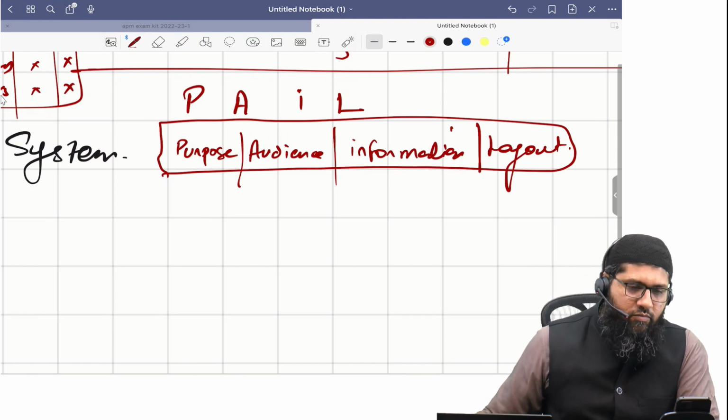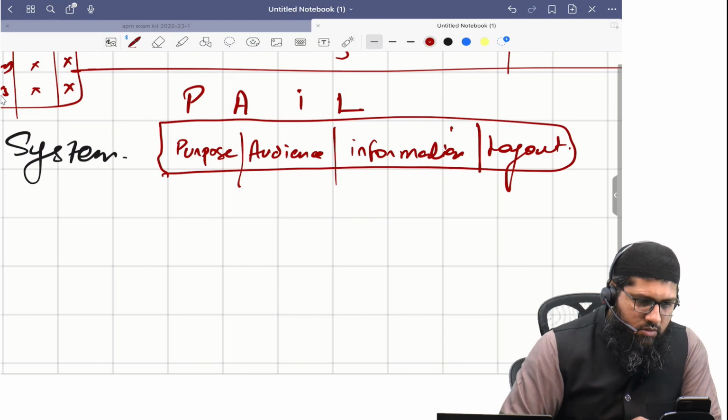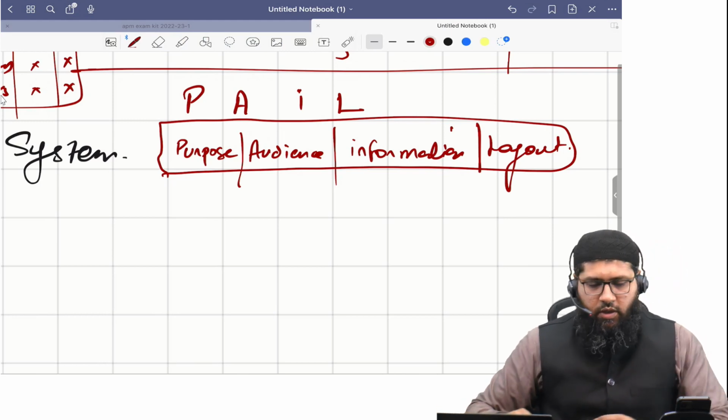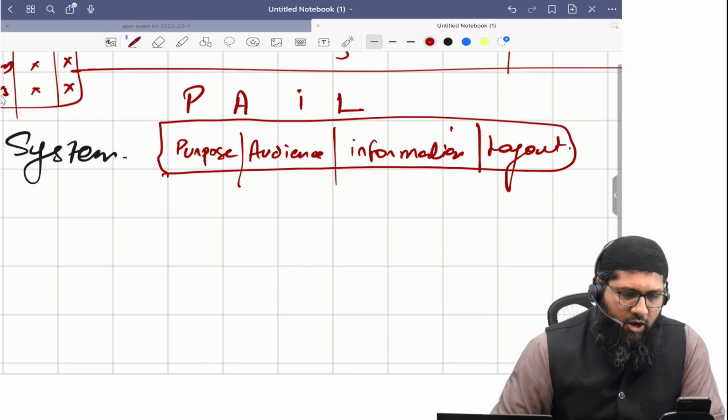Now let's try to understand this. Okay, now see. So purpose, audience, information, and layout, this is what it is all about.